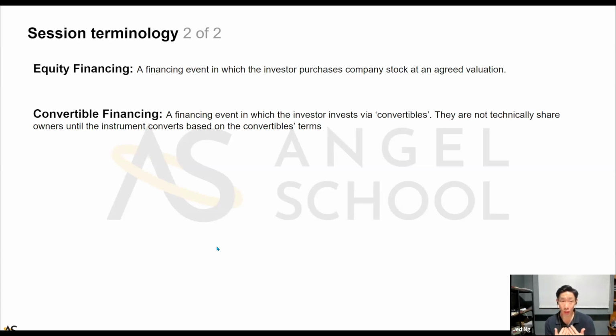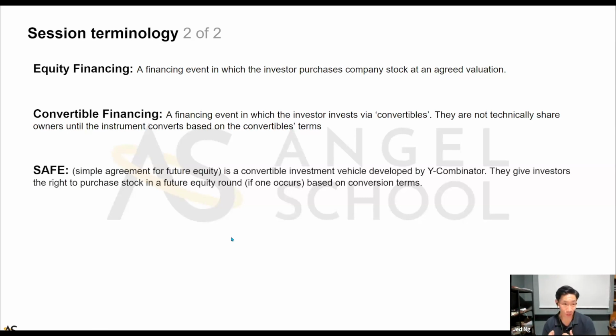So when you invest as an angel into a company via a convertible instrument, this convertible changes into equity at a later round, right? When a qualified financing happens. So when you hear a convertible financing, it's different from an equity financing. So that's the difference. Equity financing or price rounds is one group. And when you hear convertible financing, it's another type of financing.